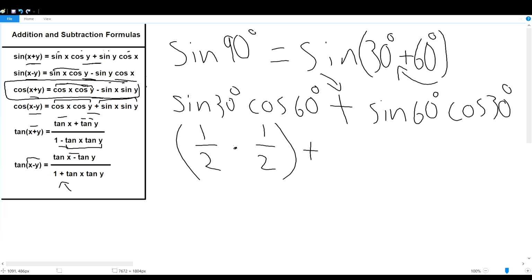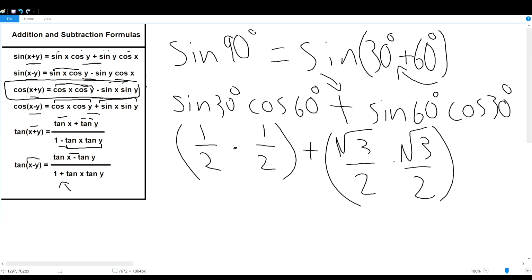And then we add that to the sine of 60, which is, sorry, my bad, square root of 3 over 2 times square root of 3 over 2, which should simplify to 3/4, and this should simplify to 1/4. 1/4 plus 3/4 equals 1, which we know the sine of 90 degrees is 1.